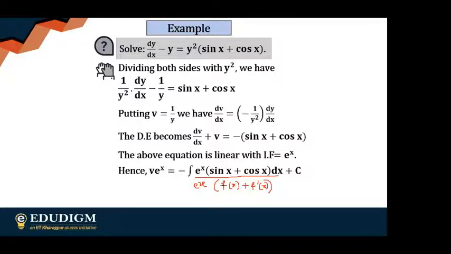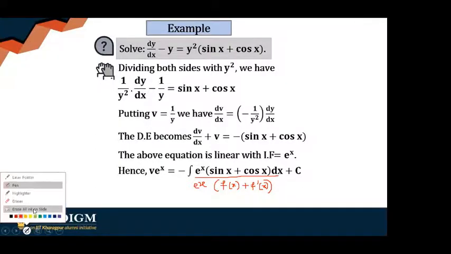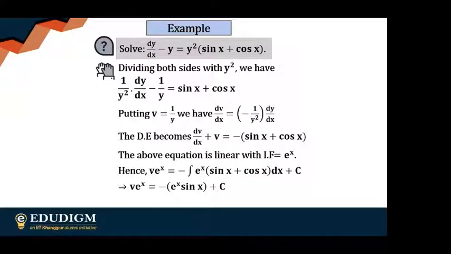In many places we did substitution, and for integration we did partial fractions. Here we are using a very simple thing about integration by parts. Most of the times here you do have to use integration by parts, but this is the direct formula that we use. On integration, this is going to give you e to the power x f x. So integrate this. You are going to have something very simple.